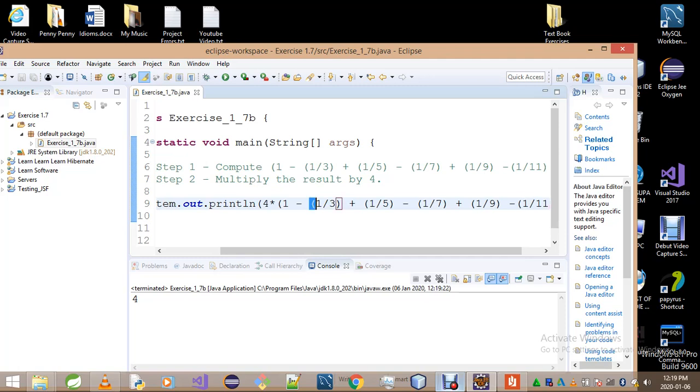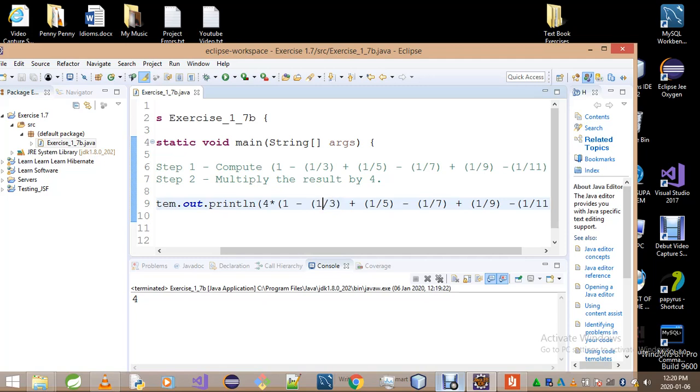You see these fractions, 1/3, 1/5, 1/7, and so on and so forth. These fractions are made up of integers. 1 is an integer and 3 is an integer too. So the compiler treats this, since this is an integer over an integer, it also treats the result of that, the answer to that, as an integer.